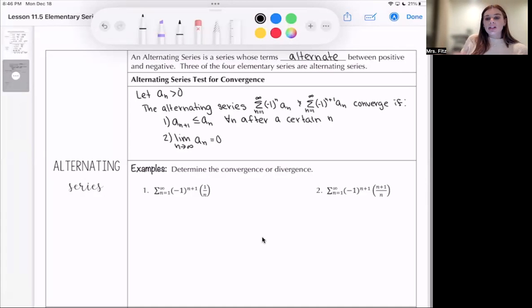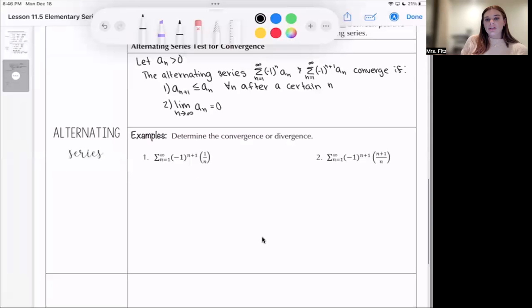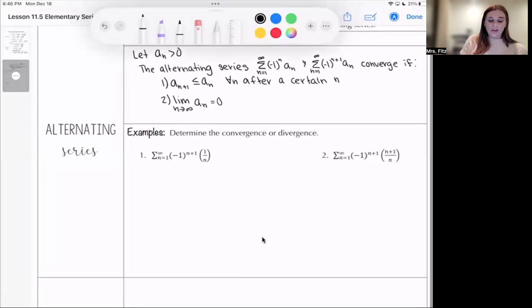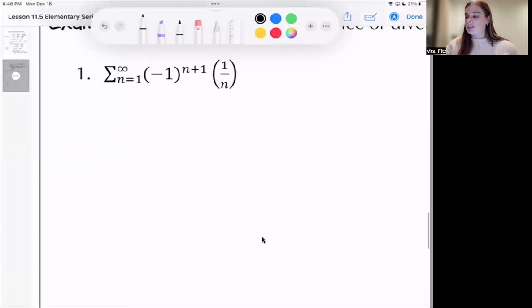Okay, so we're going to determine the convergence or divergence of these 2 alternating series. So let me show you what we need to show, because you do have to meet those 2 conditions that I labeled as 1 and 2. So the first thing that we want to do is we're actually looking at a sub n, which is 1 over n.